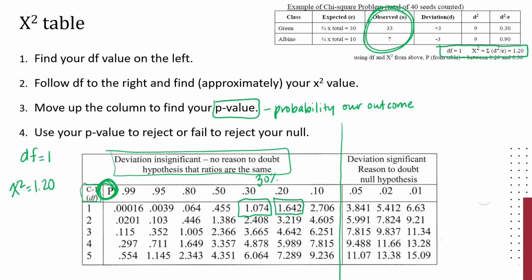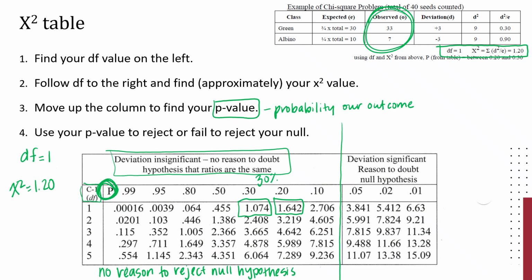So we have no reason to reject our null hypothesis. In other words, we are saying with this p-value that there's a good chance we've got this data, and so we're not going to worry about it. That data is close enough to our expected value.